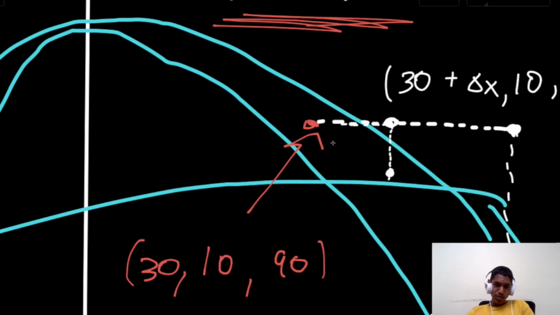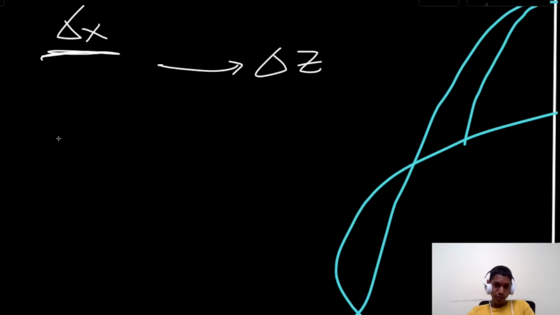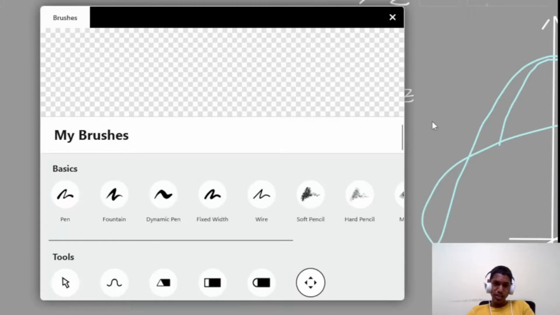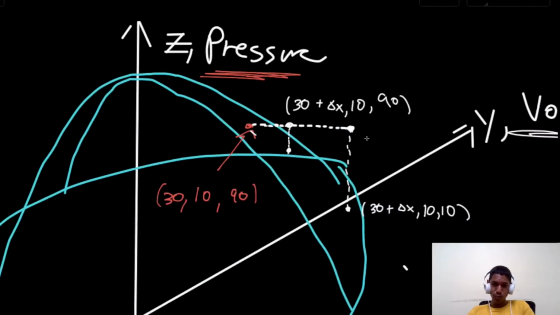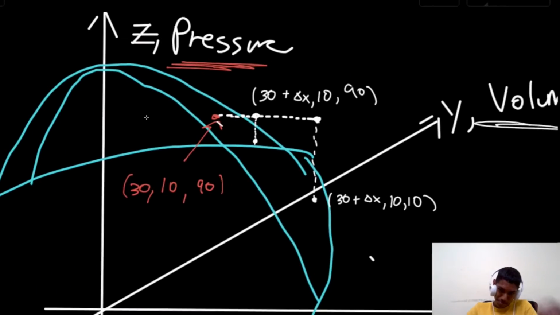So you can sort of see, right? These are this value delta Z over delta X, even though both individual quantities are shrinking, they are shrinking together. So the slope with respect to X is going to remain the same.